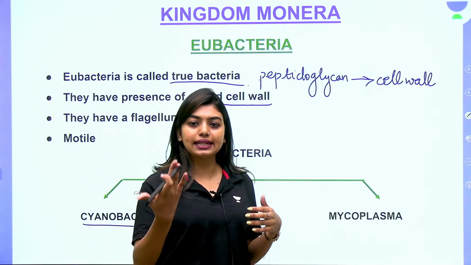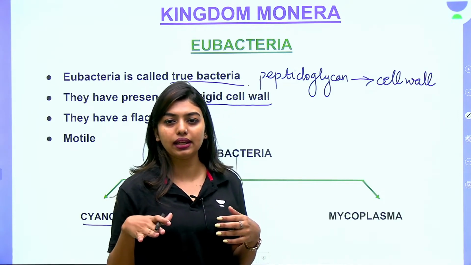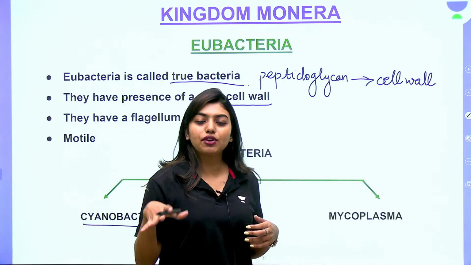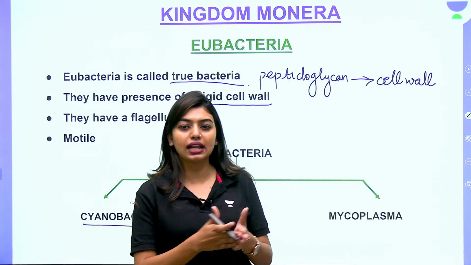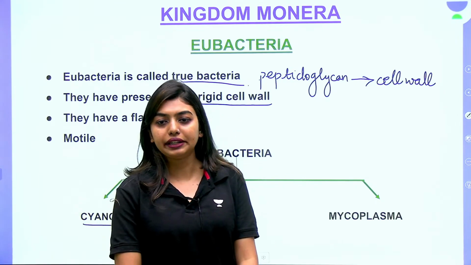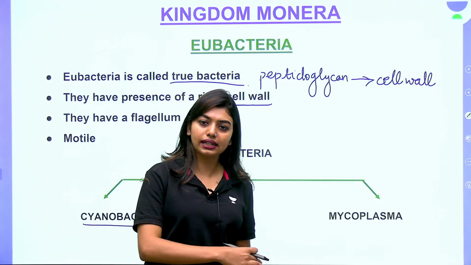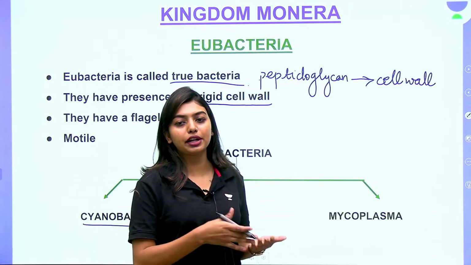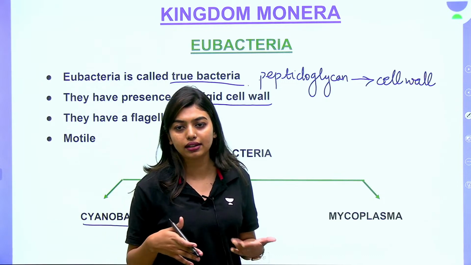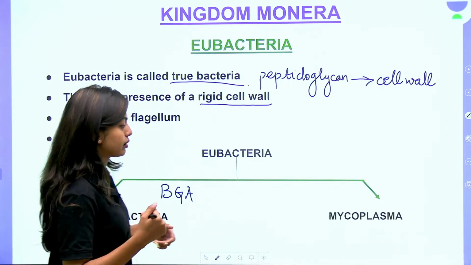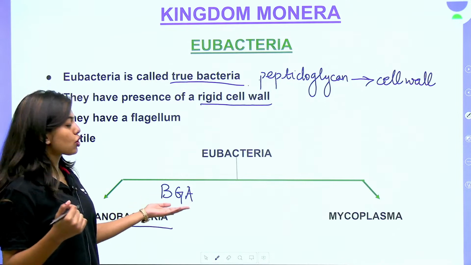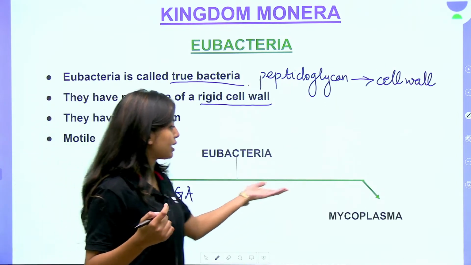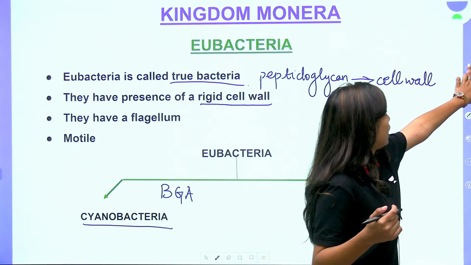Under Plantae itself, you will study algae. You are not going to study algae as a separate kingdom. Got it? You will study it under Plantae only. For the flow and understanding, they have put Chlamydomonas and Chlorella under algae. I think your doubt is cleared. So cyanobacteria is also called BGA, that is blue-green algae, and then we have Mycoplasma.